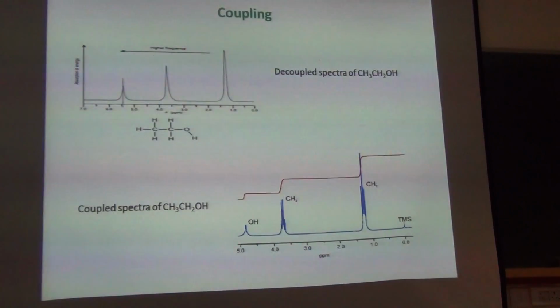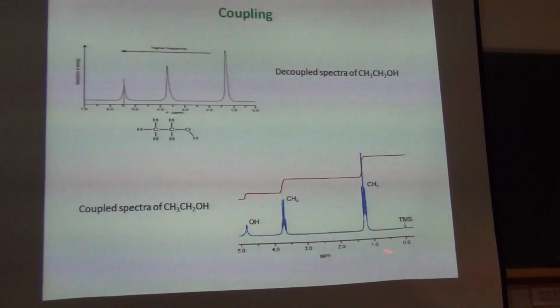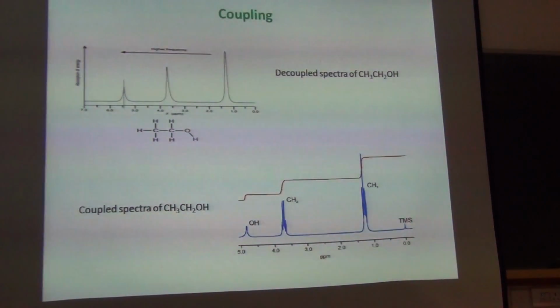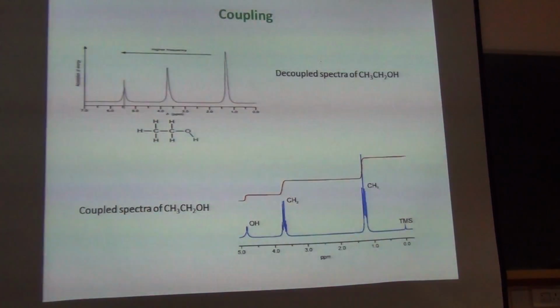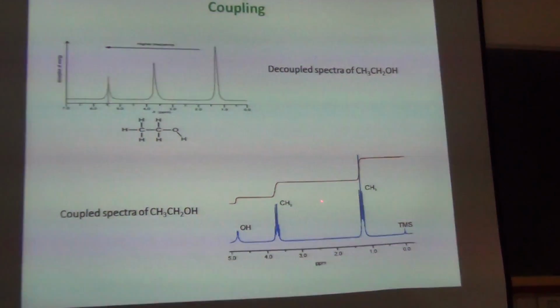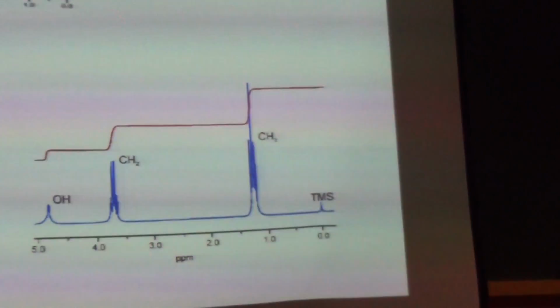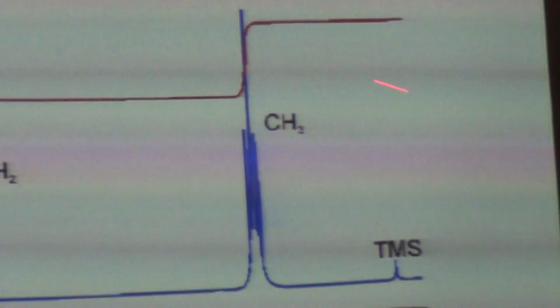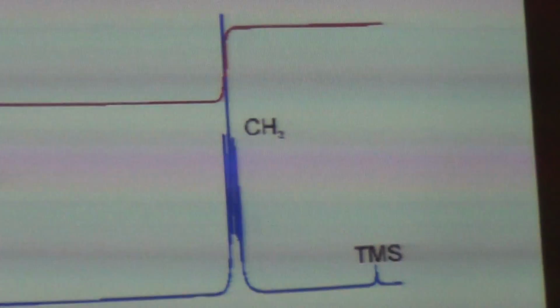But if my spectrum is very complicated, then the spectrum is going to look very crowded. In that case, scientists decouple a spectrum. We are not going to worry about how decoupling is done, but what it does is that this peak, which is split up into three, I'll tell you how the splitting occurs, gets collapsed together, and you get a single peak.